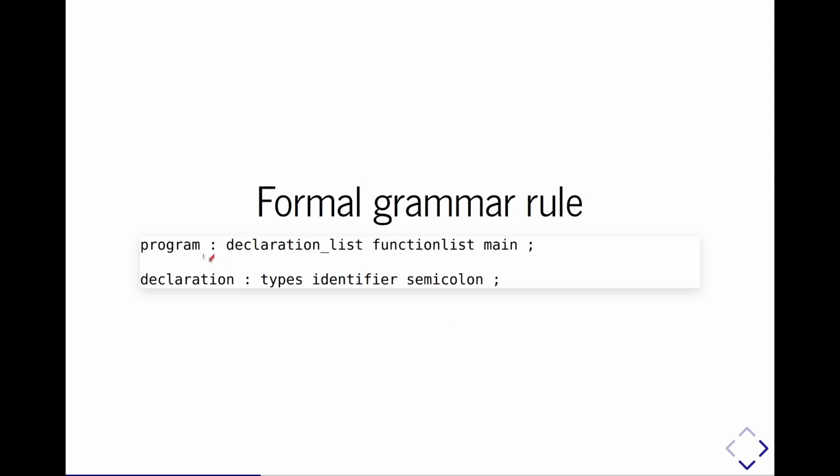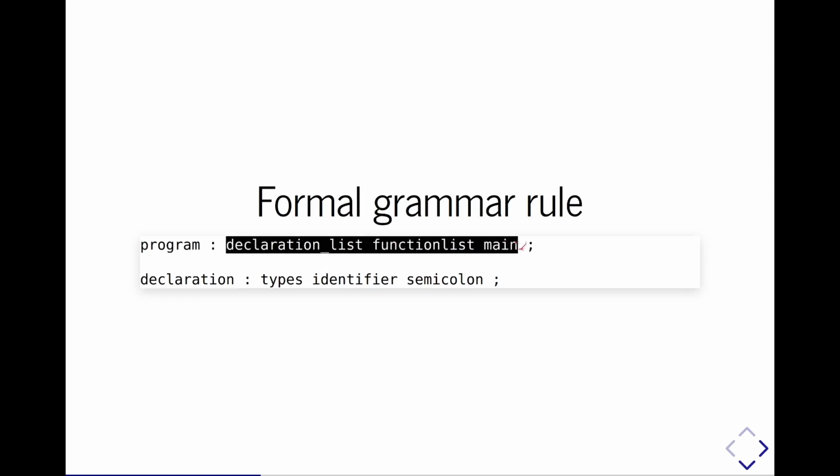So to express exactly what we just said about what a simple C program is, we have on the left the name of our non-terminal. So this is the top of our tree. We have a whole program as soon as we've recognized a program. You think of colon as equals or is, or decomposes into, these symbols on the right.